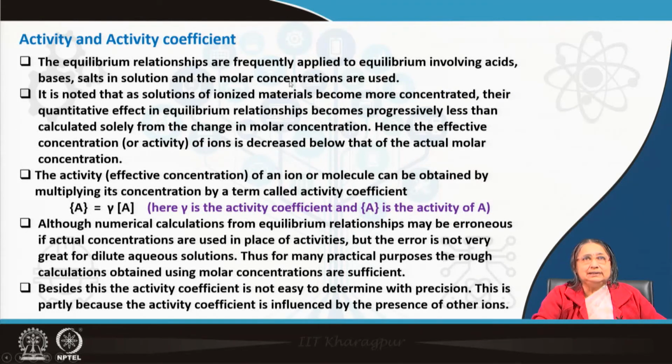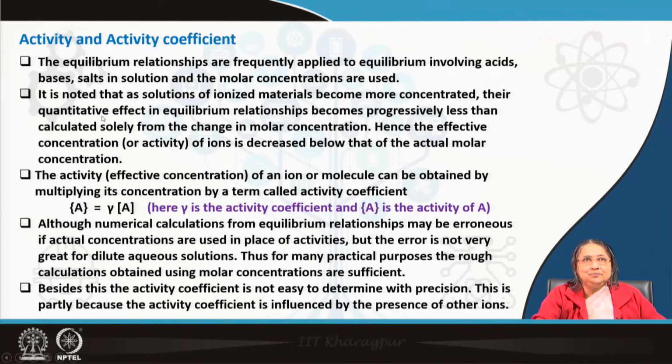But as the concentration is increased, not for very dilute solutions but at higher concentration, this activity term should come. Why? Because when there are many ions, they have an influence on each other.